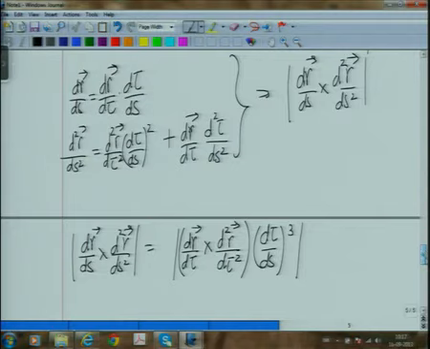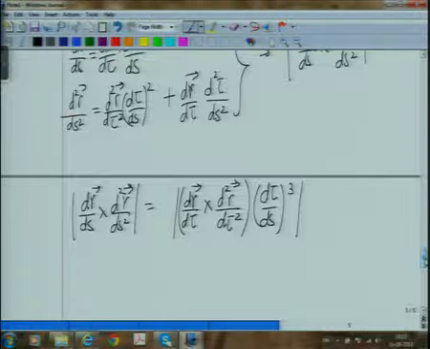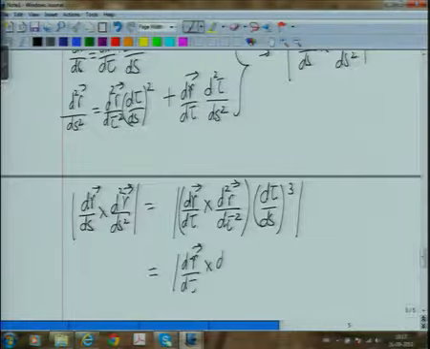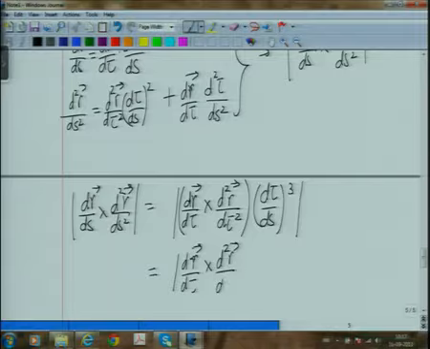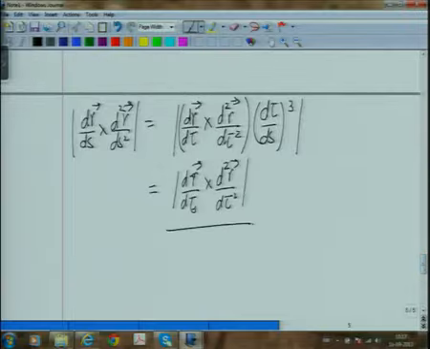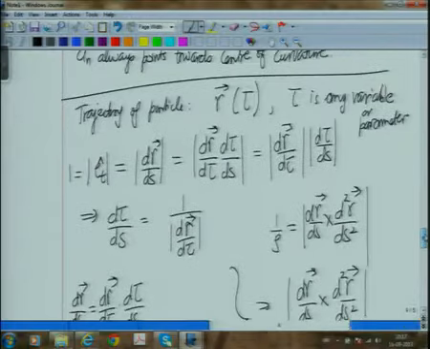Now d tau by ds, so this becomes equal to magnitude of dr by d tau cross d2r by d tau square, divided by, now we had shown that d tau by ds here was 1 over dr by d tau.